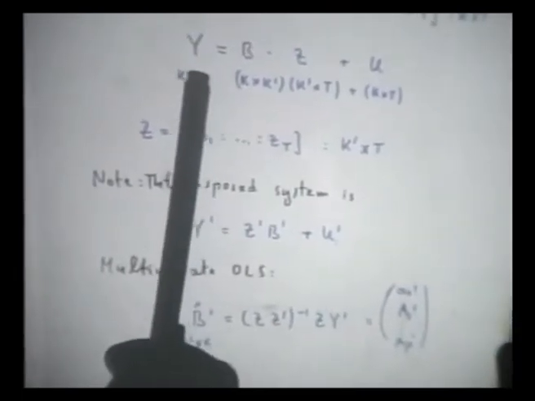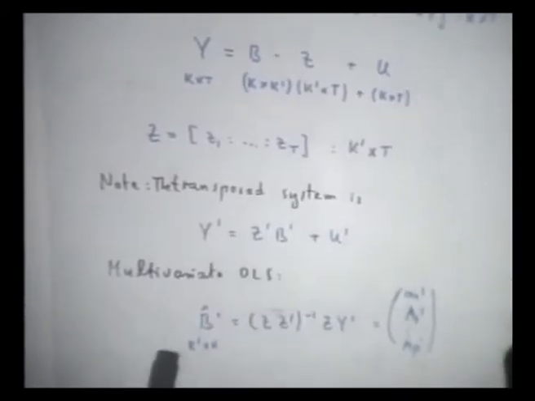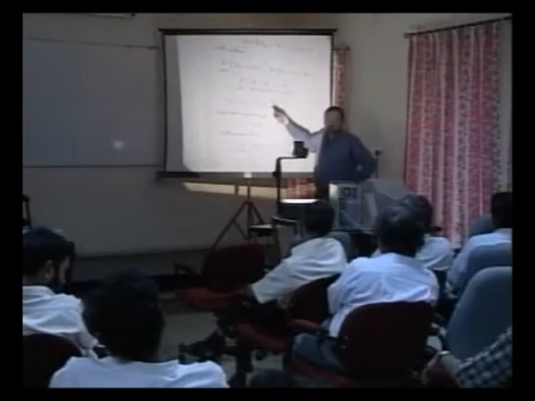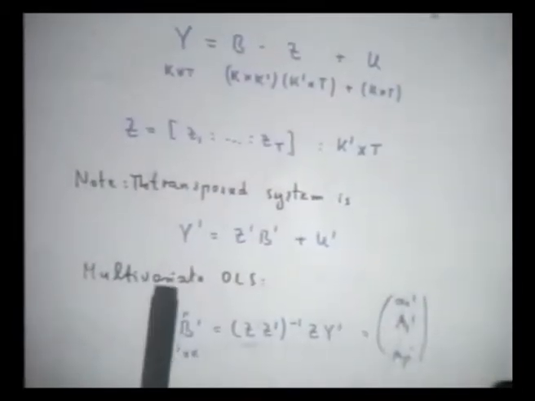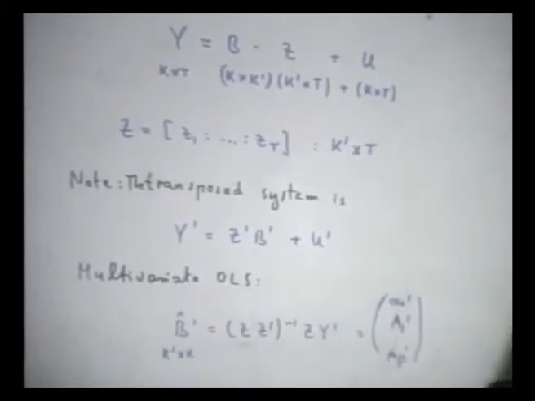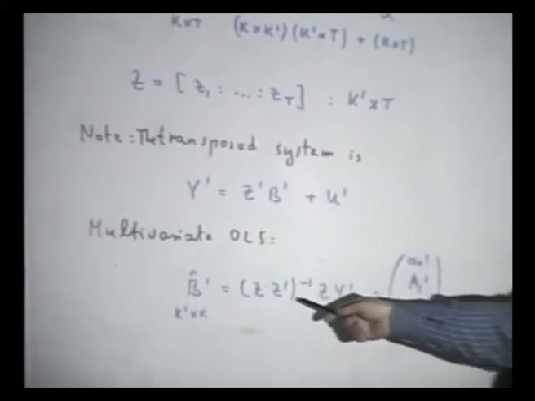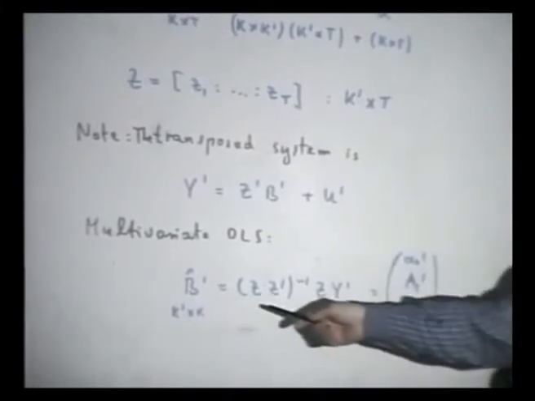If you have a system like that, you observe that B is in front as coefficient, not in back as we have done it. And if you want it in our familiar regression system, you just have to transpose this multivariate equation. If you write it as Y prime equals C prime B prime plus U prime, and if you feel more comfortable with this, then you can write the multivariate OLS estimator as (C C prime) inverse C Y prime.